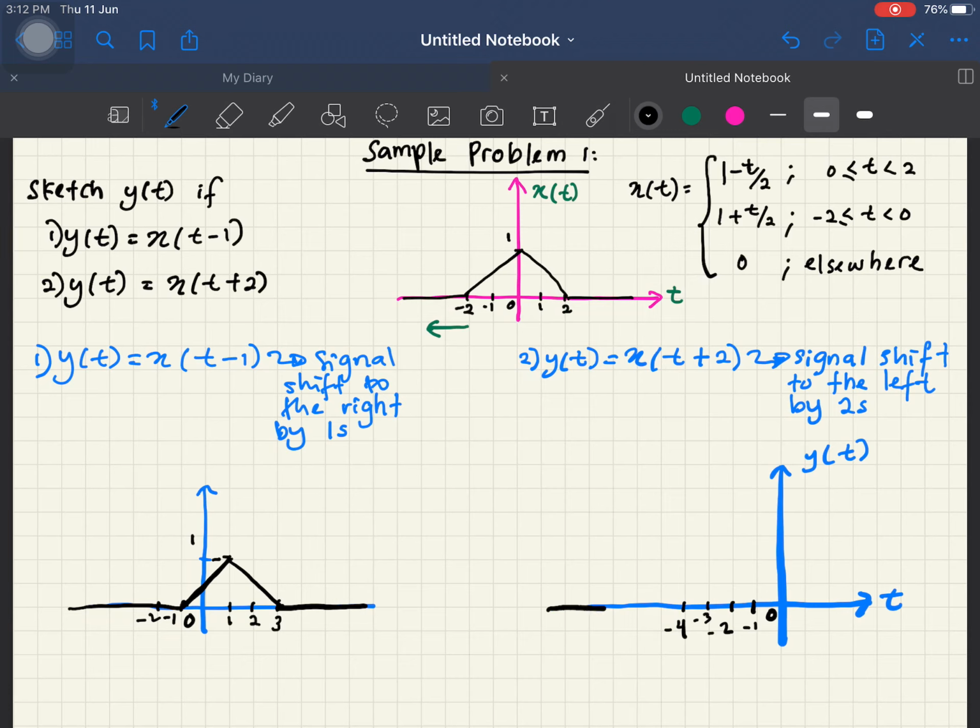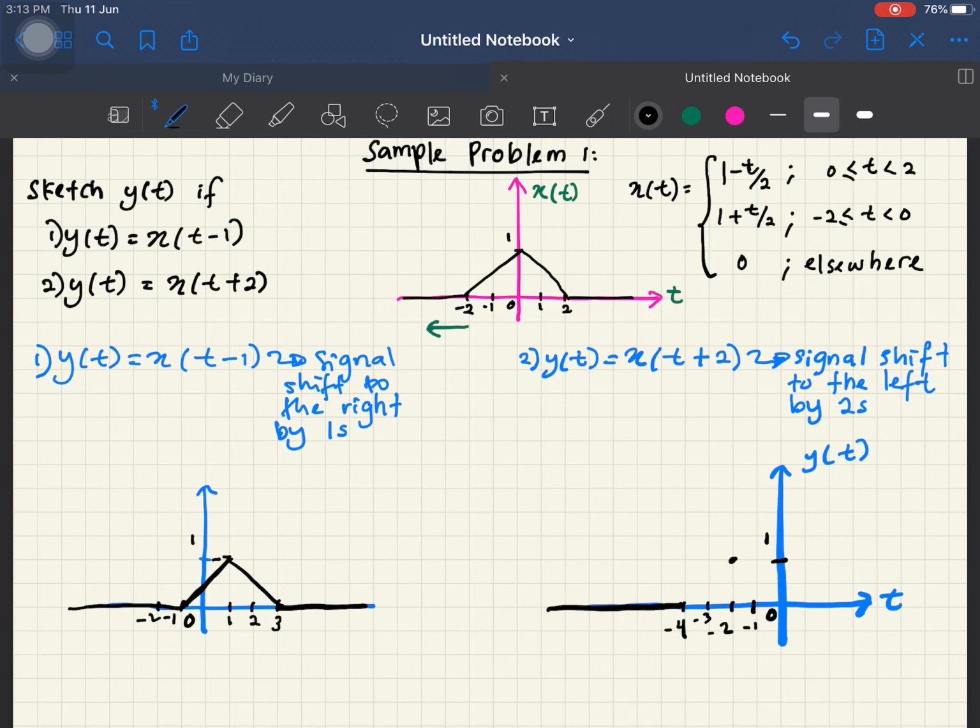It means you have 0 value until -4. And now the amplitude of 1, instead of occurring at 0, will occur at -2.